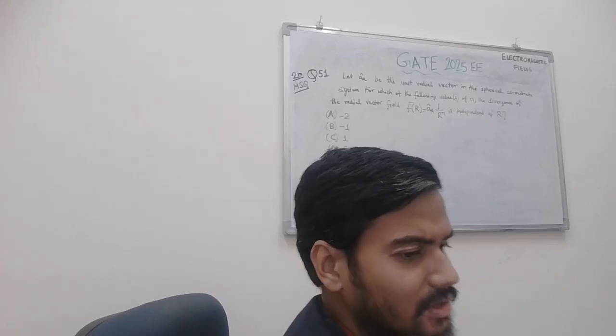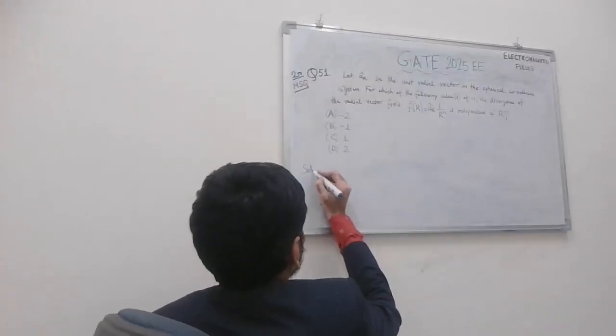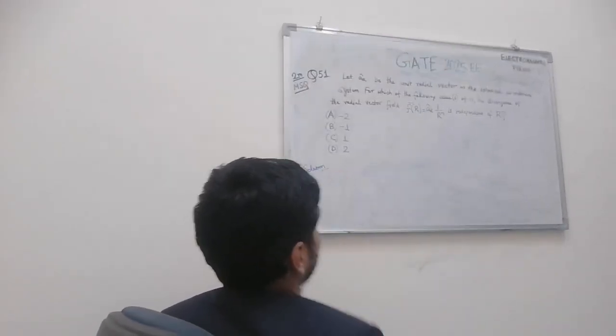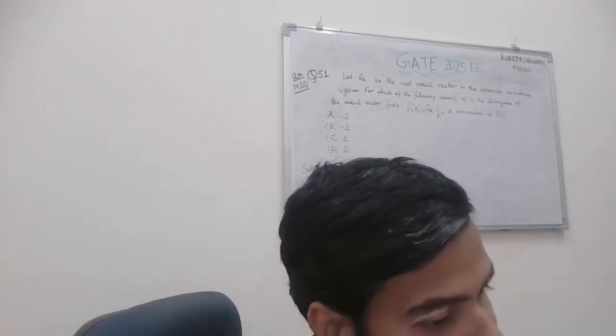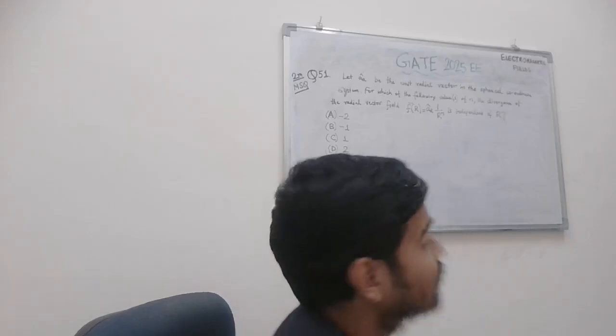Pretty formula based basically. So basically the divergence of the radial vector field.